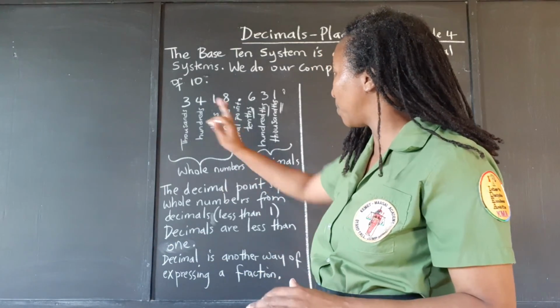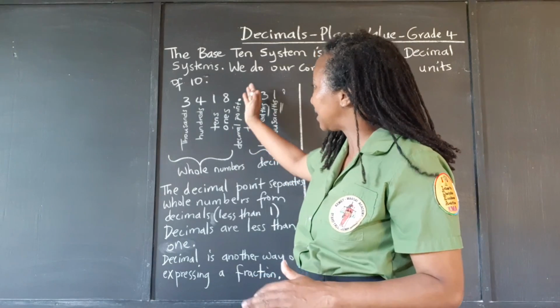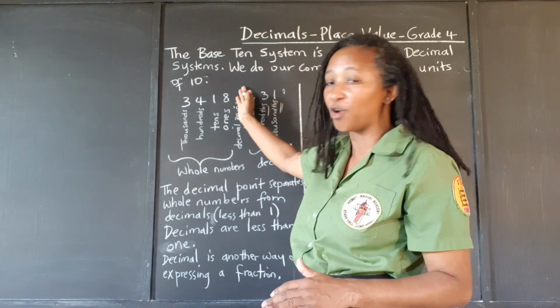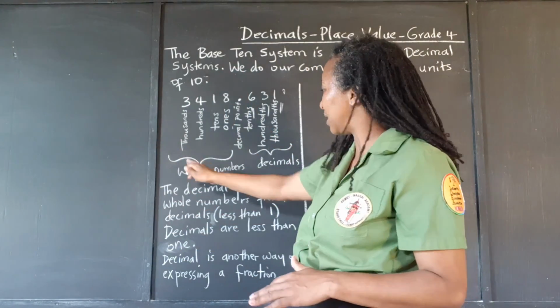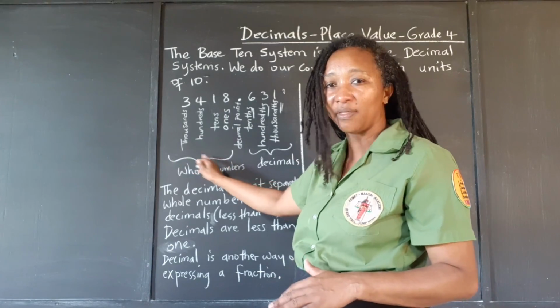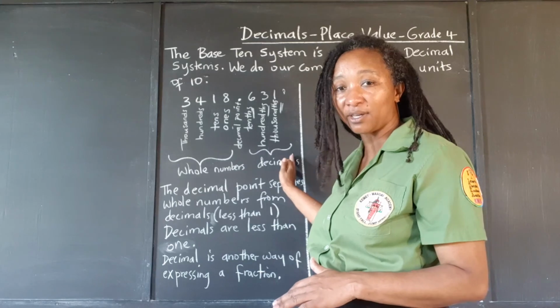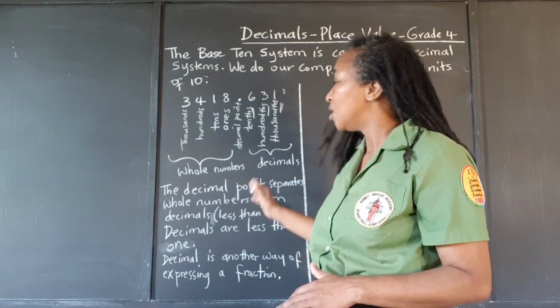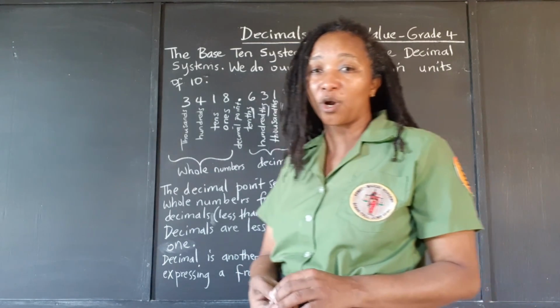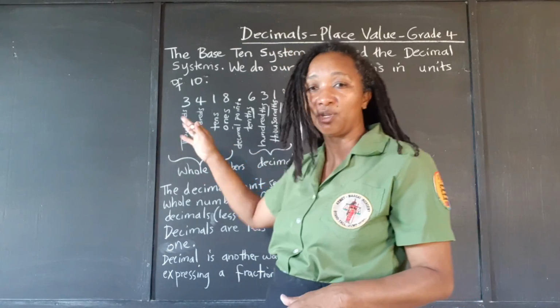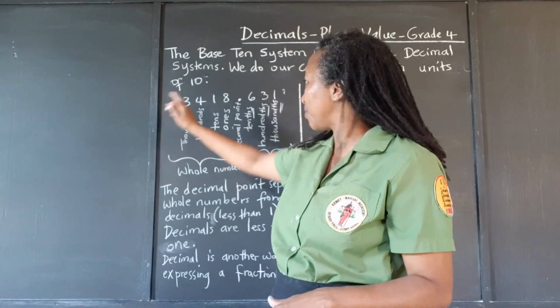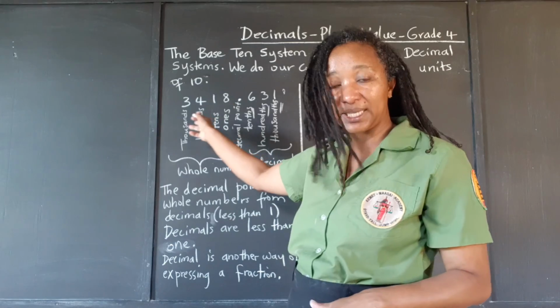Right, so just remember the place value system. This is a regular place value system for whole numbers. These are the whole numbers on the left, and the decimals are to the right of the decimal point. So when we're reading the number, we call the whole number as we normally call it, 3,418.